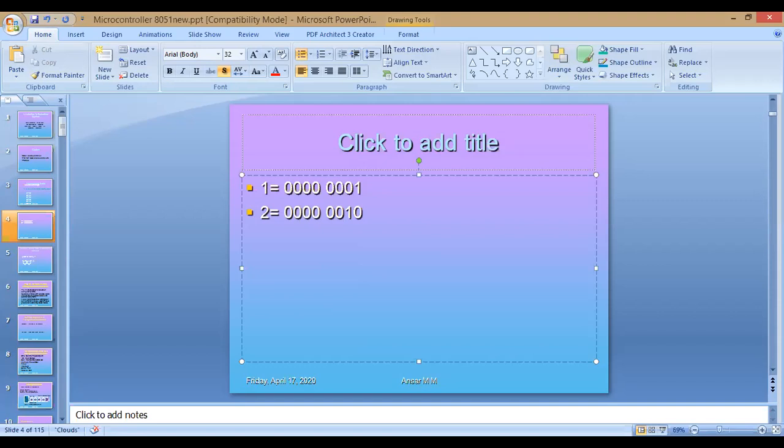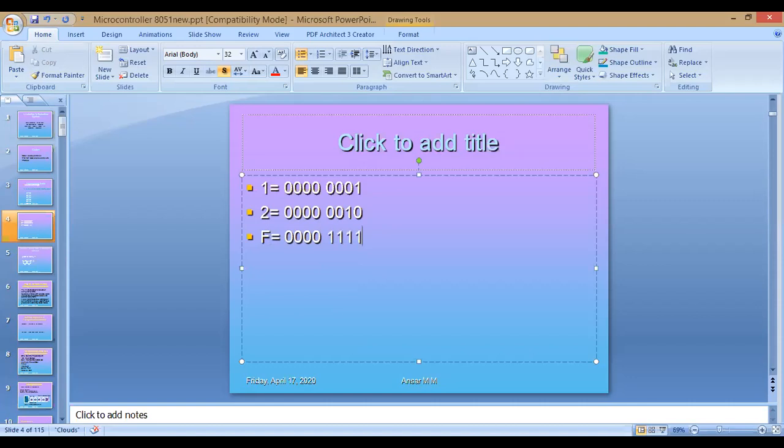In the same way, if you represent the last hexadecimal digit, that is 15, the last hexadecimal digit is F, capital letter F. The equivalent binary number of this hexadecimal digit is 0, 0, 0, 0, 1, 1, 1, 1.